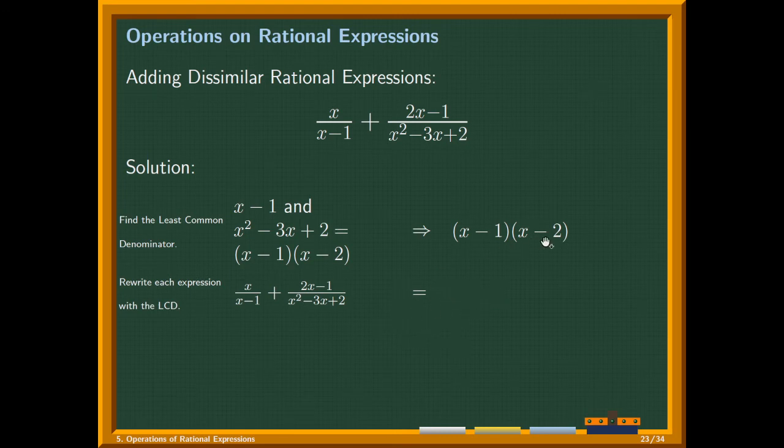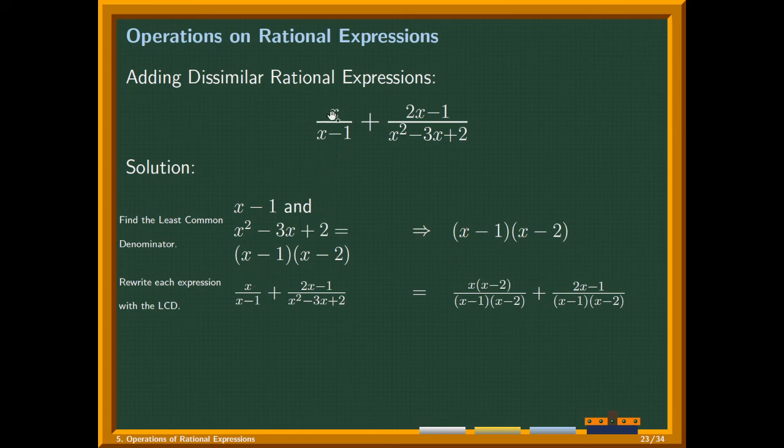For this, the easiest way is using the LCD in the denominator. Since the denominator x squared minus 3x plus 2 is the same as the LCD, there is no change. Now, focus on the first term. I said earlier that if we write the LCD and we simplify, see to it that when you apply simplification or cancellation, it will go back to the original.